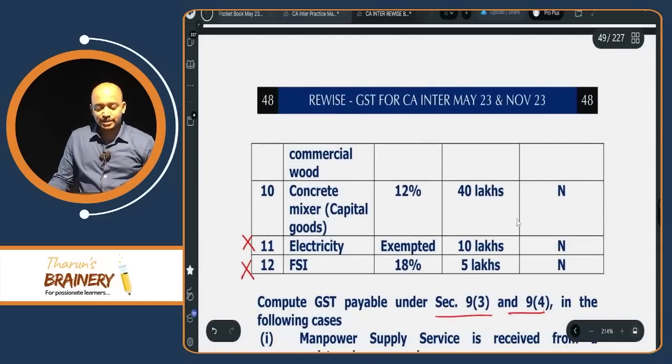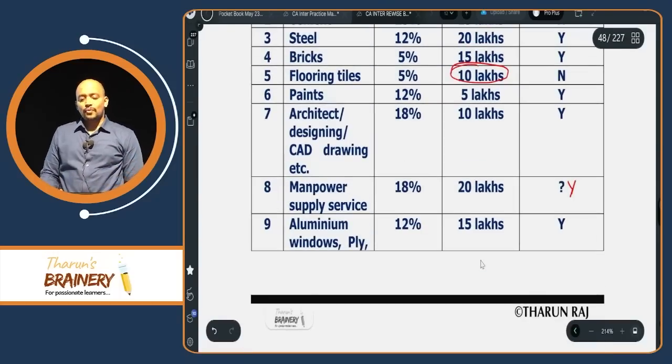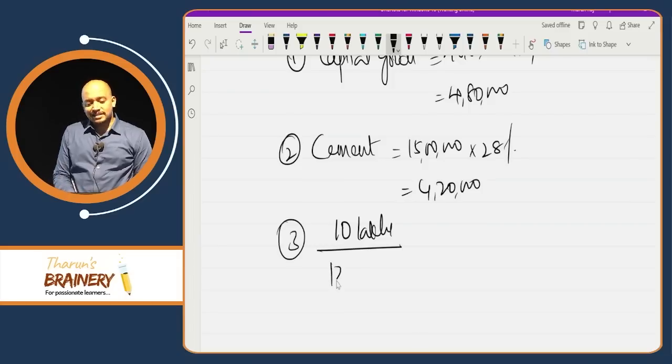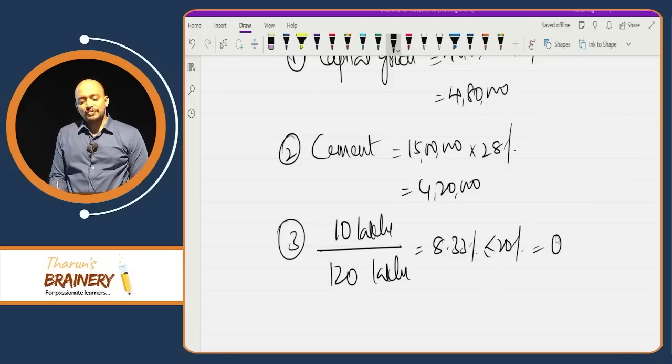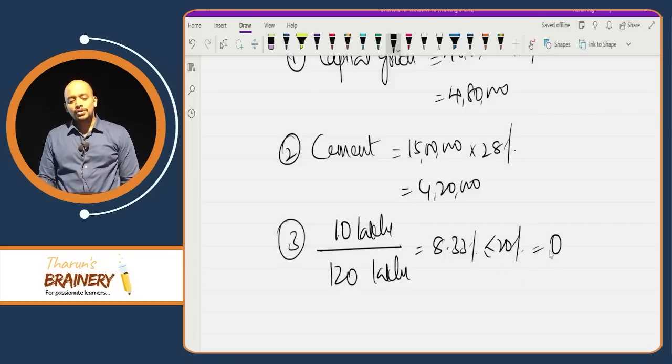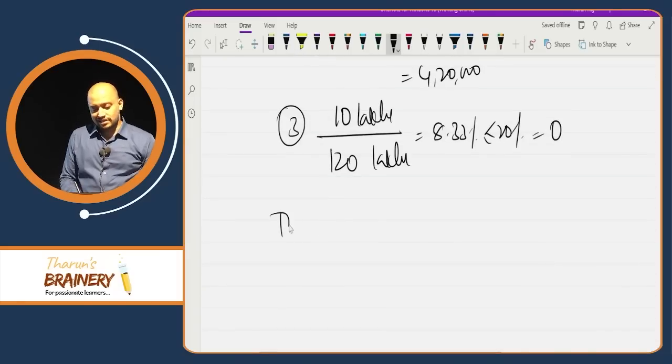Because it is capital goods. Again, don't do this plus 10 and plus 5. Why? Because this should not be considered. 120. So 10 lakhs divided by 120 lakhs, how much? 8.33, which is less than or equal to 20%. So should we pay any GST under RCM? No. So therefore, what is the total GST under RCM?